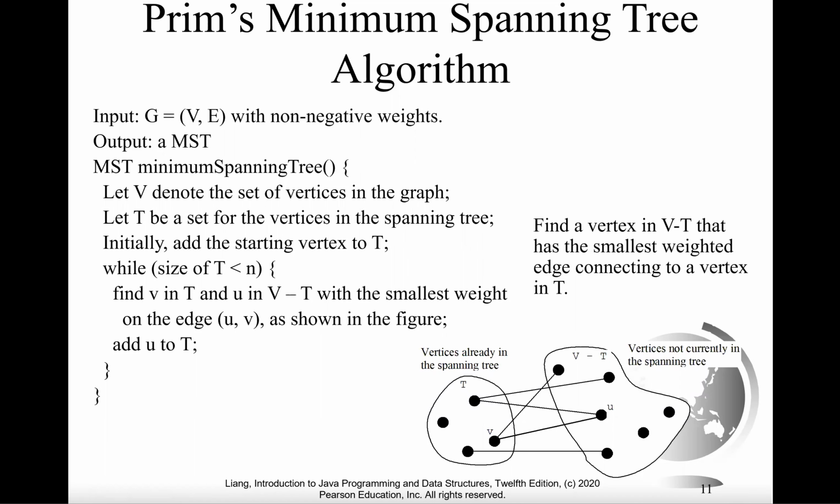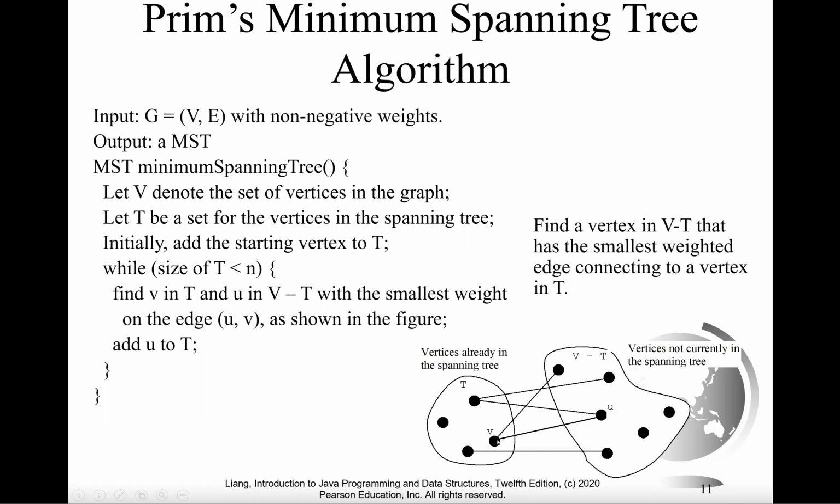We're going to keep adding vertices into T. So while the size of T is less than n, we're going to find v in T and u in V minus T with the smallest weight on the edge. So here's T, and we're going to add more vertices into T. So how do you find the one? You find the one that is adjacent to one of the vertices already in T with the smallest weight.